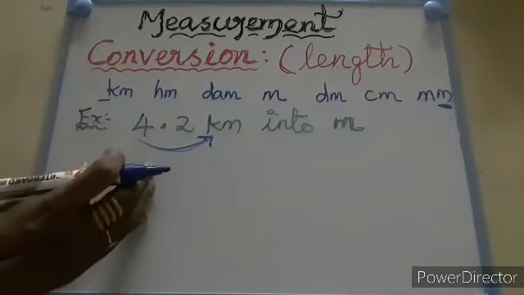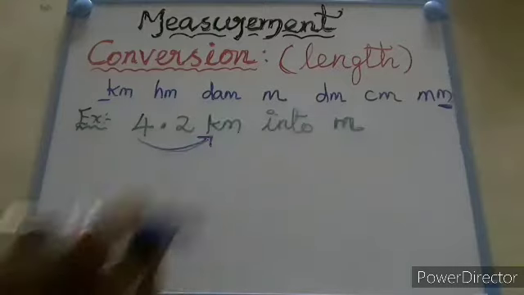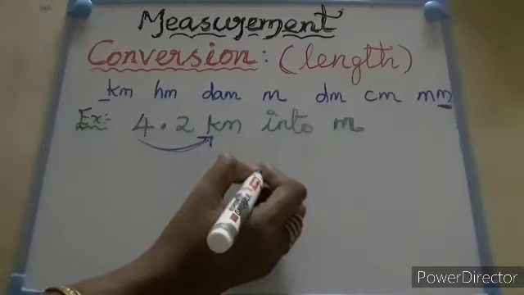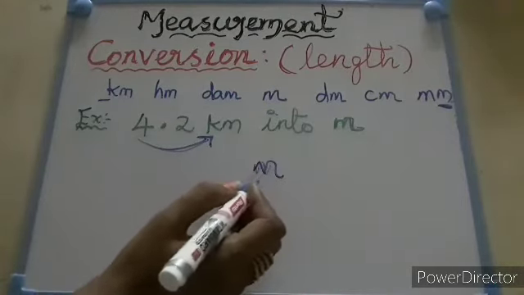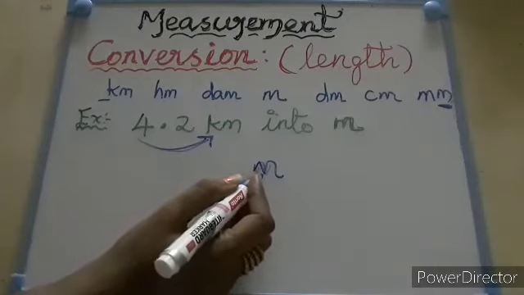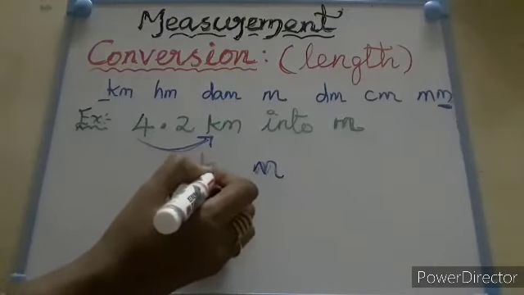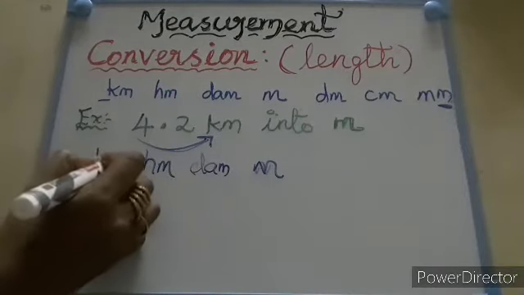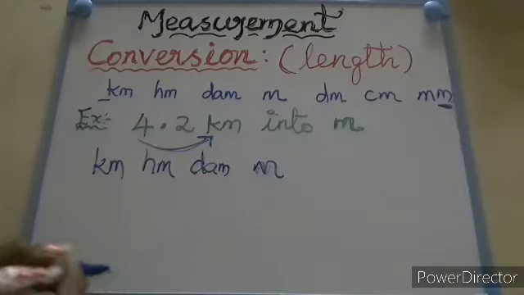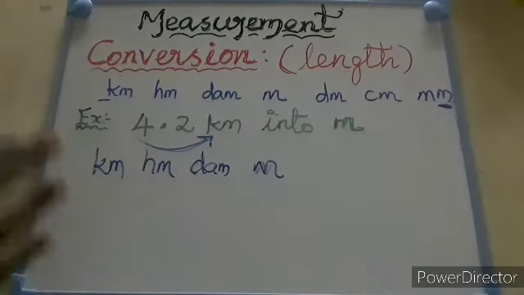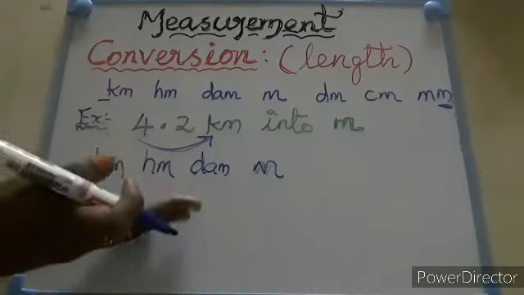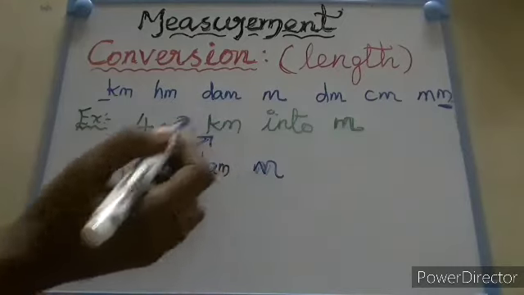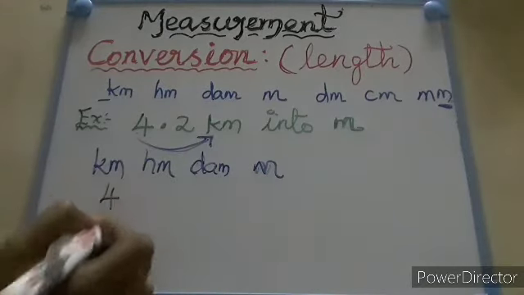Now we have to convert kilometer to meter. The same way as in the previous example, you write all the units: meter, decameter, hectometer, then kilometer. This is the easiest way. You write as it is. 4 belongs to kilometer, so you write 4 here.